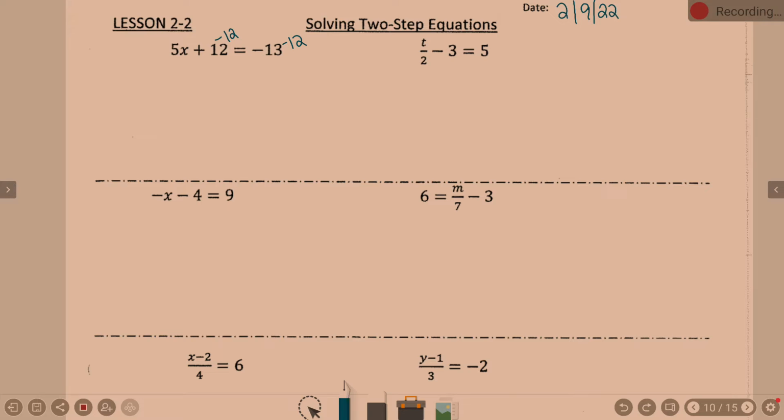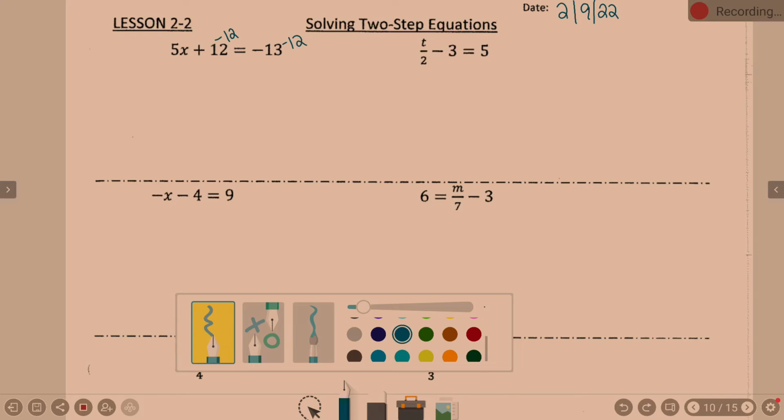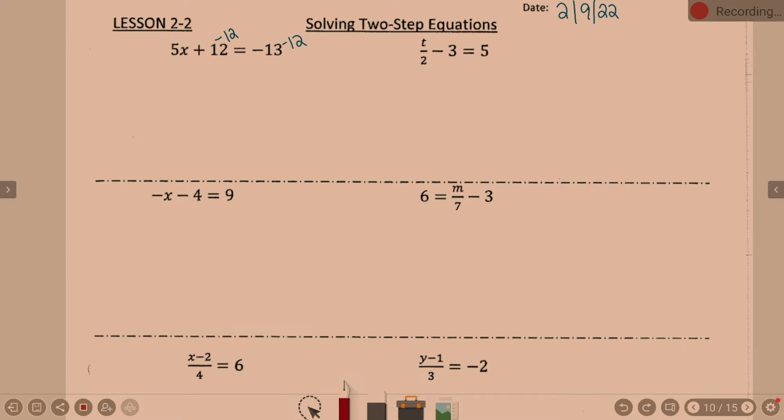Okay, so this 5x will carry down. Nothing's done to it. 12 minus 12? 0. Carry down my equal sign. Negative 13 minus 12.